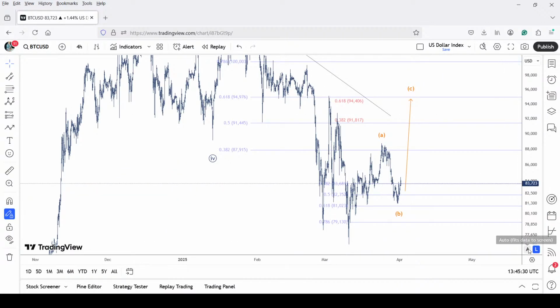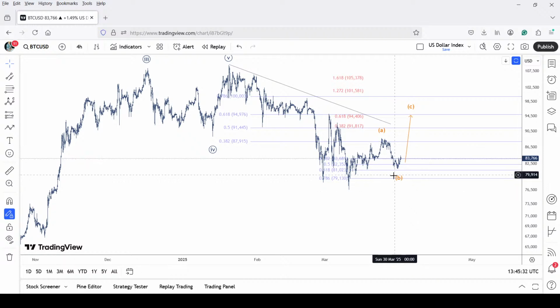As we were discussing in the previous session, Bitcoin might now be ready to push higher within its minute wave C corrective rally, which is the last wave, potentially pushing towards the 94,000 mark, and it would also be a termination of minute wave 2 before minute wave 3 begins to cut loose on the south side. All right, so those are the brief stories.